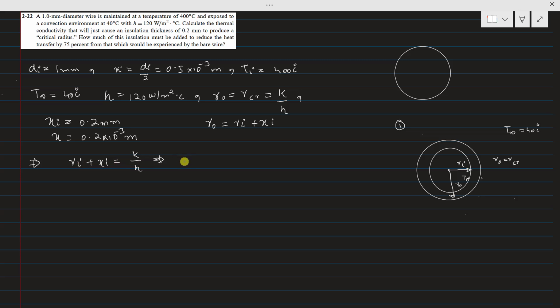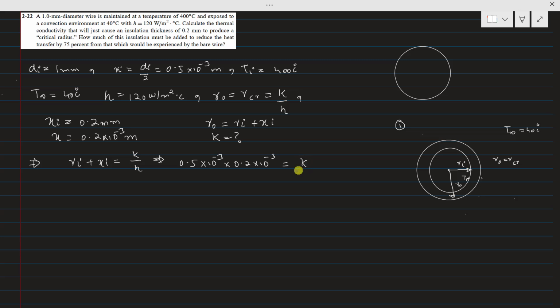That is 0.5 multiplied by 10 to the power minus 3, and the thickness is 0.2 multiplied by 10 to the power minus 3. There's no such requirement for K, because it is the thermal conductivity to be calculated, so it is unknown.